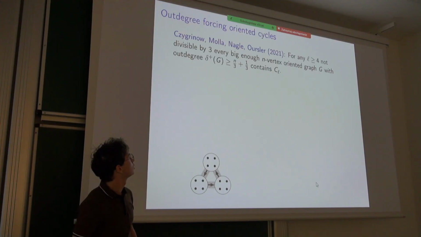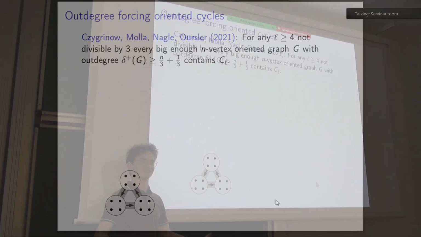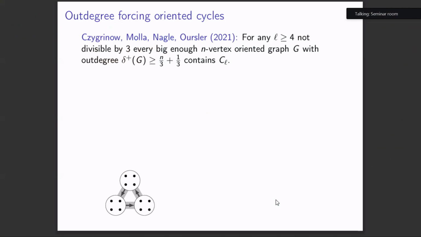Okay, so let's get to the topic of the talk: outdegree conditions forcing directed cycles. There was one result in the past which basically states that if L is divisible by 3, meaning that K would be 3, then anything greater than n by 3 already forces an existence of CL, for any L greater or equal 4.